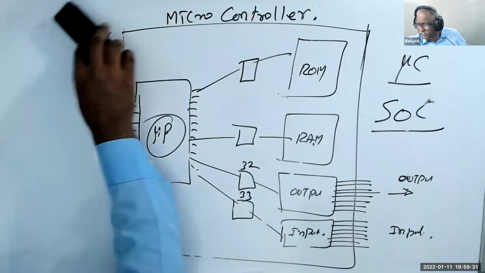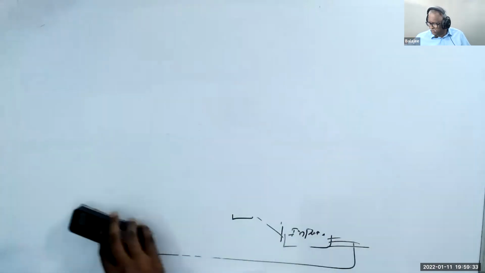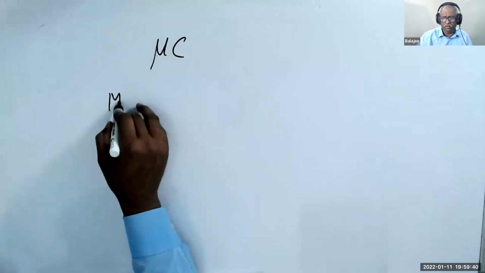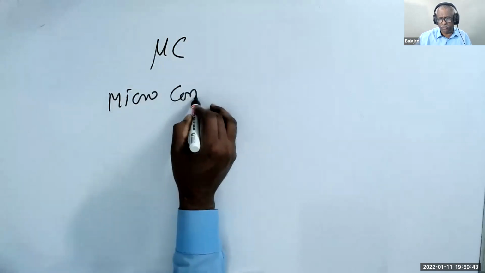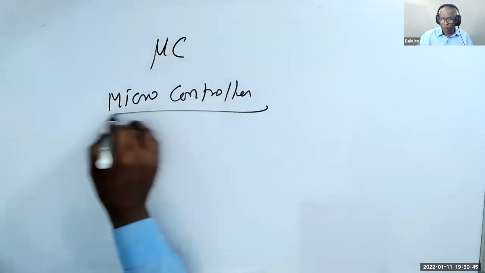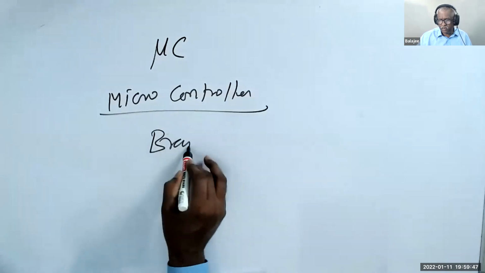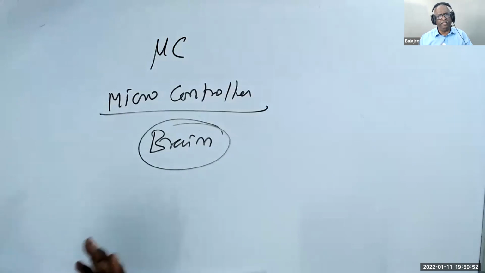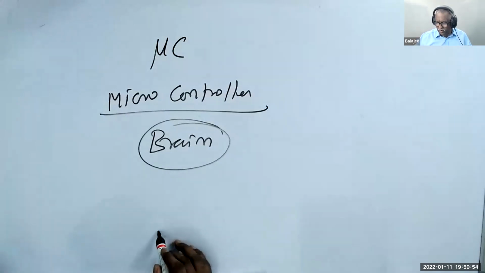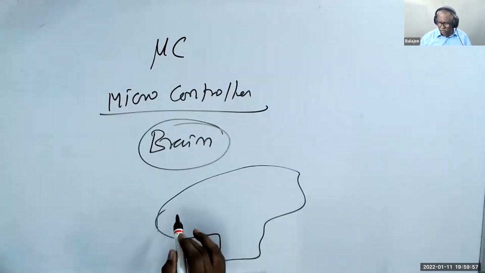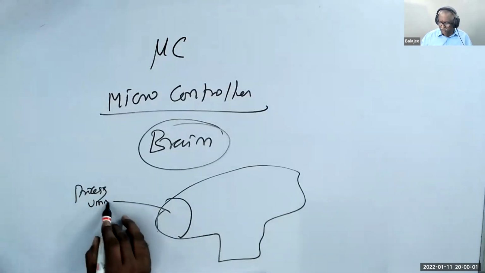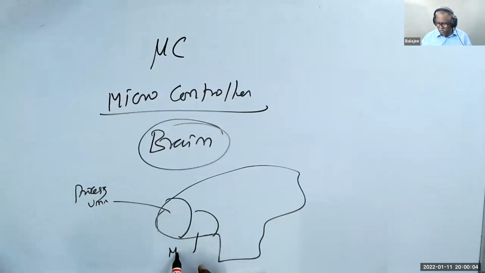So the trick here is this: you can compare the microcontroller with your brain. Your brain has a processing unit and a memory.